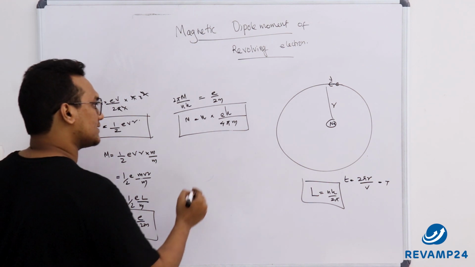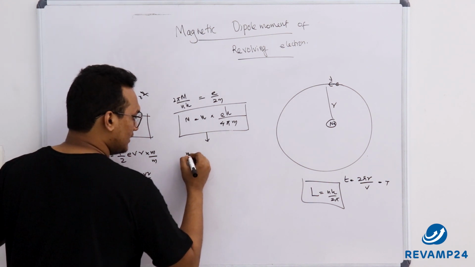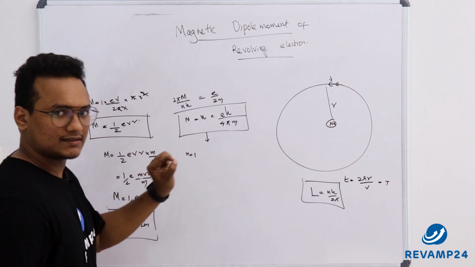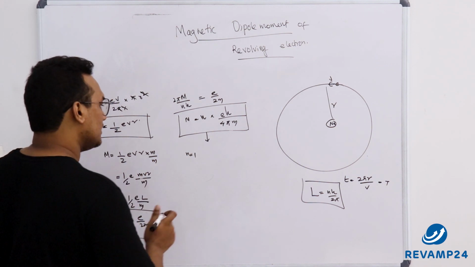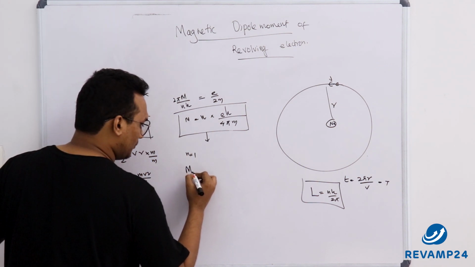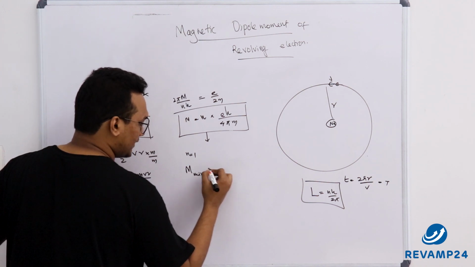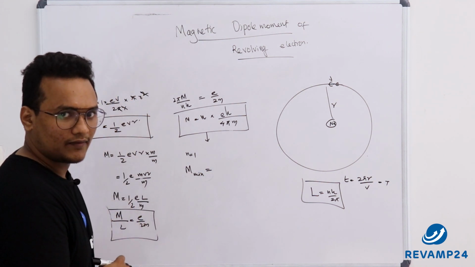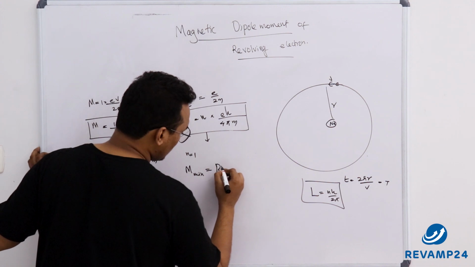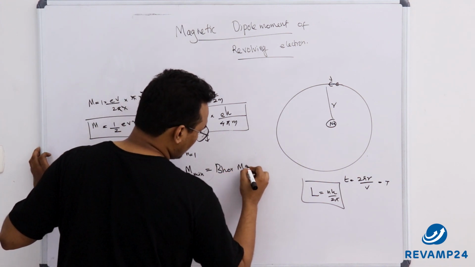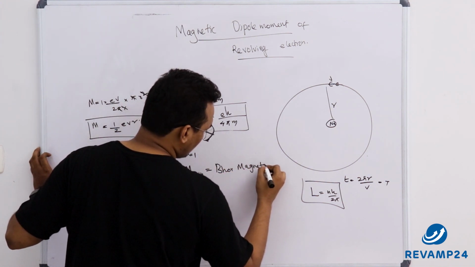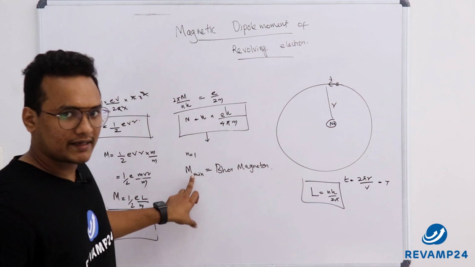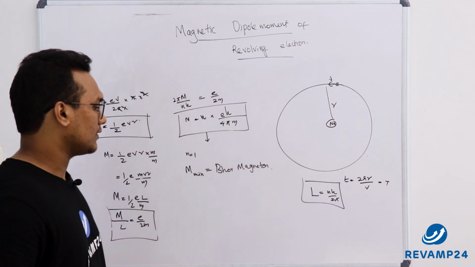I am defining a standard quantity where n is equal to 1. n equal to 1 is the minimum case, so I will get the minimum magnetic moment. This has been defined as the Bohr magneton. That is the minimum magnetic moment of a revolving electron.